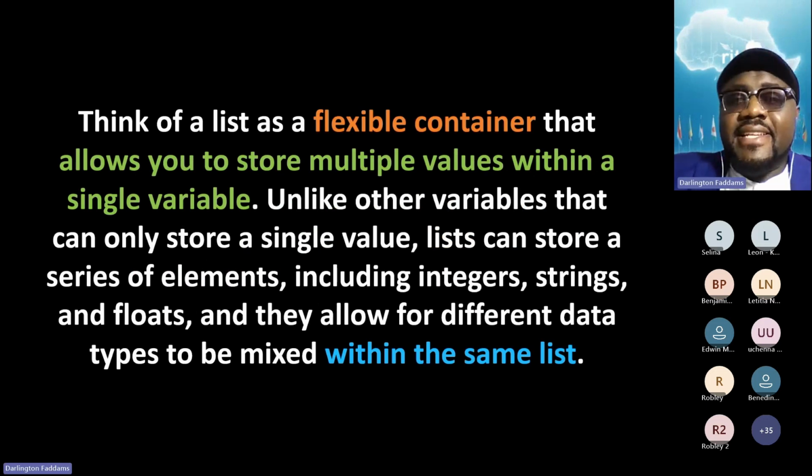Now, think of a list as a flexible container that allows you to store multiple values within a single variable. So with a list, you can have multiple values stored in a single variable. Unlike other variables that can store a single value, lists can store a series of elements, including integers, strings, and floats, and they allow for different data types to be mixed within the same list.